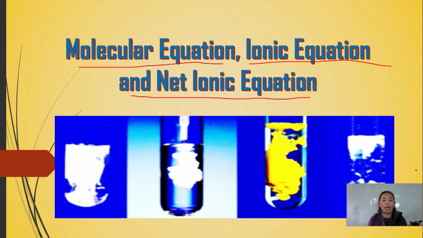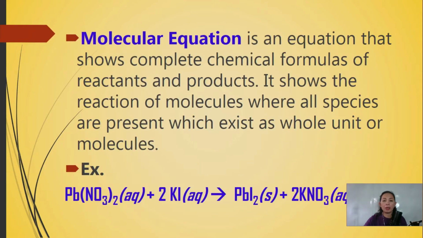equation. Let us first differentiate the three equations. A molecular equation is an equation that shows complete chemical formulas of reactants and products. It shows the reaction of molecules where all species are present, which exist as whole units or molecules.